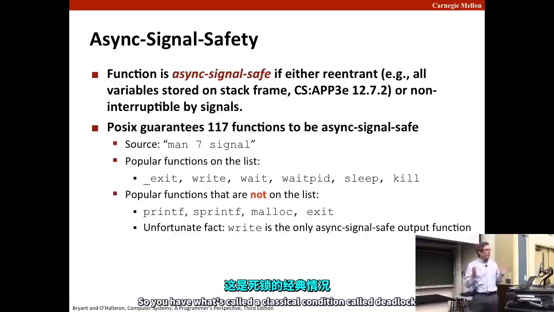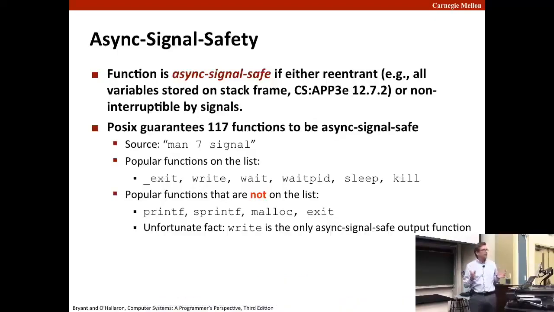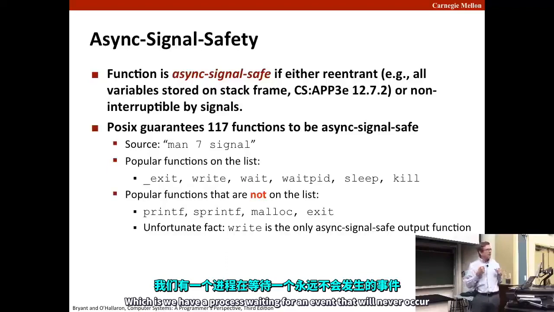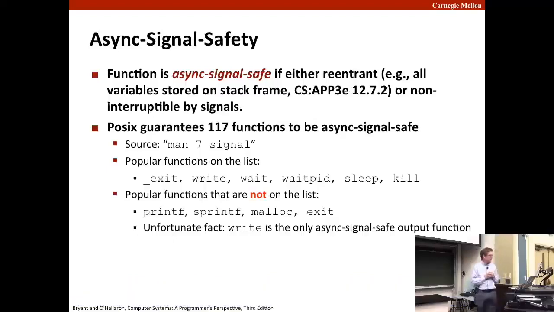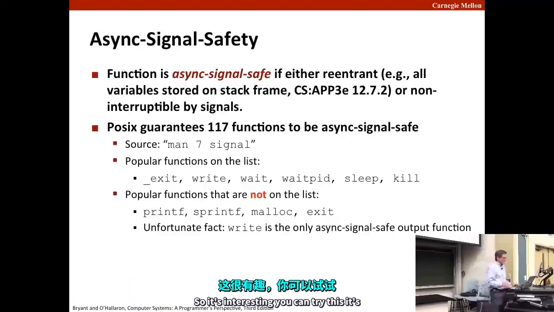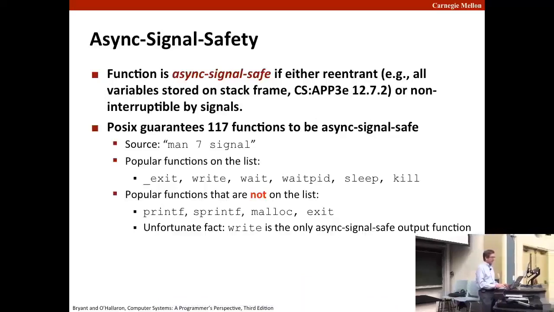So you have a classical condition called deadlock, which is where a process is waiting for an event that will never occur. In this case, the printf in the signal handler is waiting for a lock to be released that will never be released. It's interesting. You can try this. It's not too hard to create this deadlock situation.